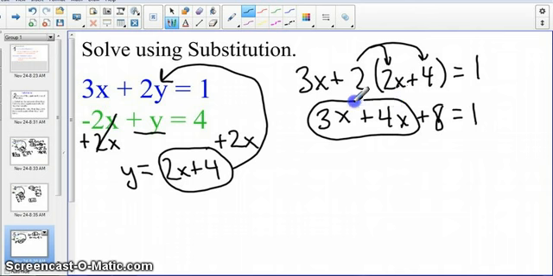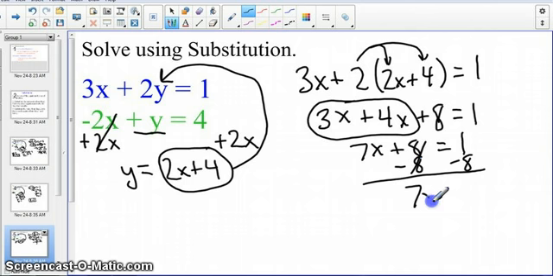So now we are going to combine our like terms. Remember, like terms are things that are similar to each other. So these are like terms because they both have x variables. 3 plus 4 is 7x plus 8 equals 1. 2 steps to get your x all by itself. First thing we have to do is move this 8 to the other side because we want to get 7x all by itself first.